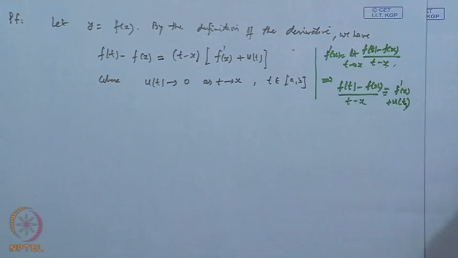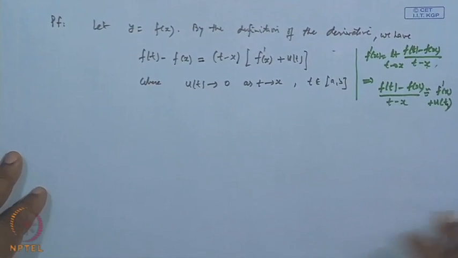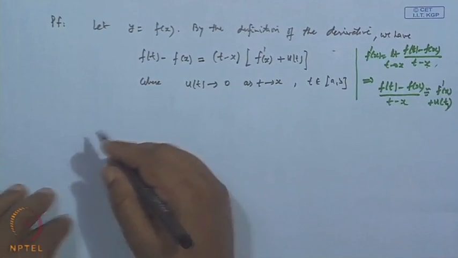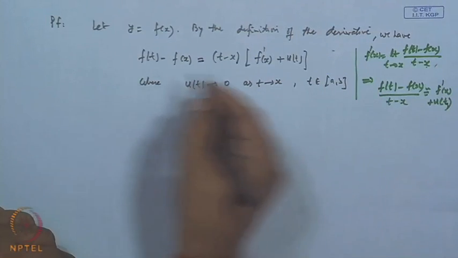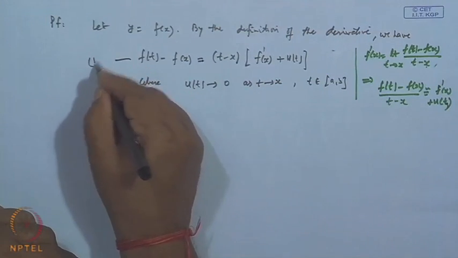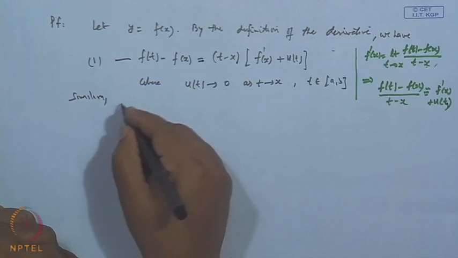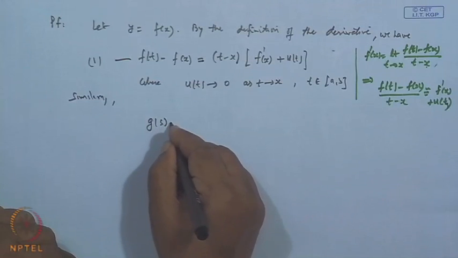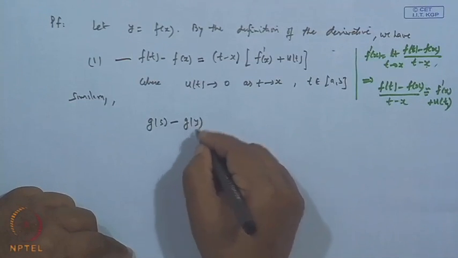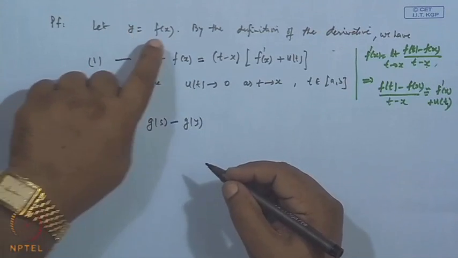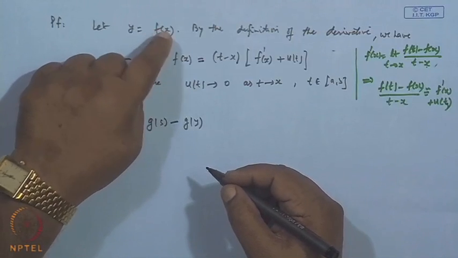Now, a similar thing we can write for our function g. The function g is defined over an interval I in which the range of f lies. Let this be equation 1. Similarly, g is differentiable at f of x, because f is differentiable at x.